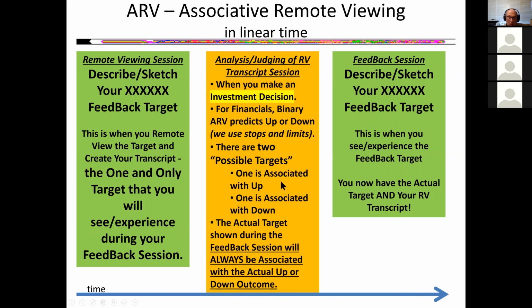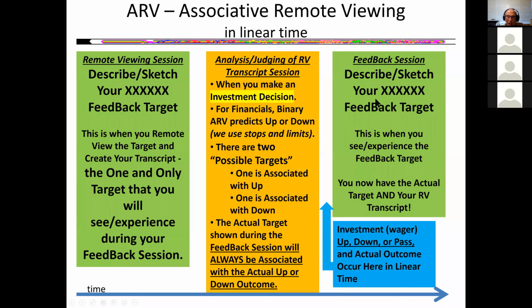Therefore, it's reasonable for him to assume that he should invest in an up decision, because after the analysis is done, the investment can be placed and the actual outcome occurs, all of that between the analysis and the feedback session.